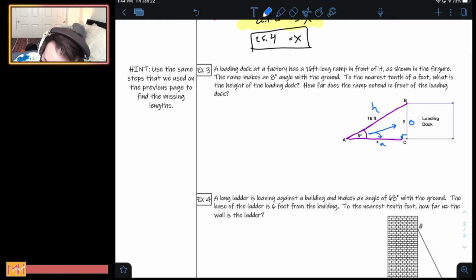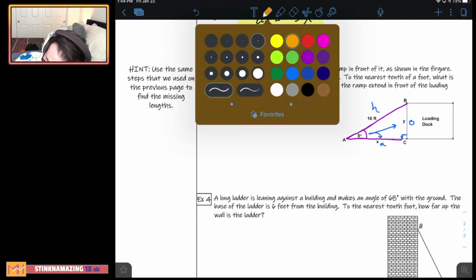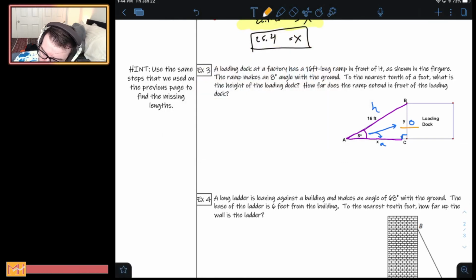We solve them one at a time. Let's solve for the opposite side first. We know we're trying to solve for the opposite side, and we know the hypotenuse. What function do we use? O and H? SOHCAHTOA. Sine is opposite over hypotenuse. So sine of 8 degrees is equal to the y value, that opposite side, over hypotenuse.